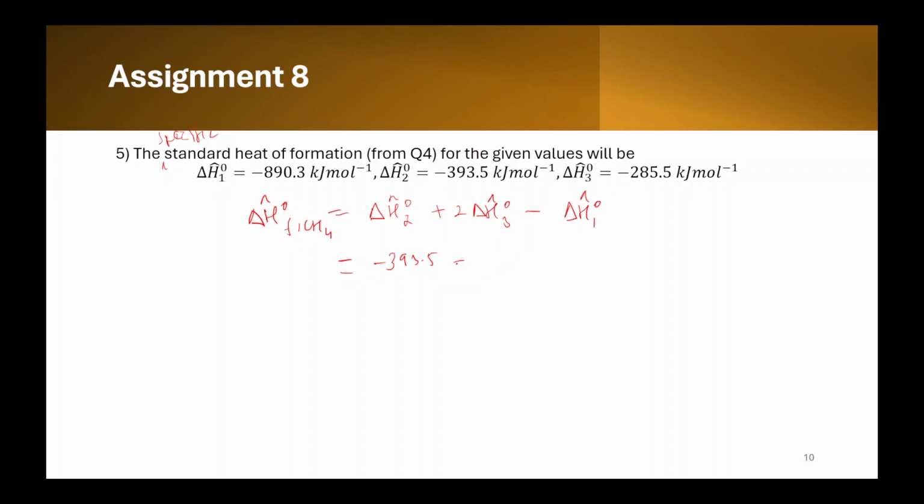H3 is plus 2 into minus 285.5 minus 890.3.